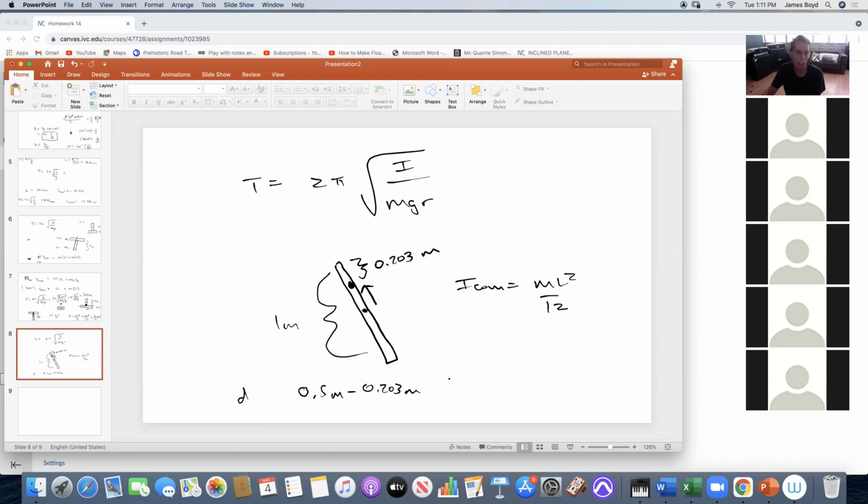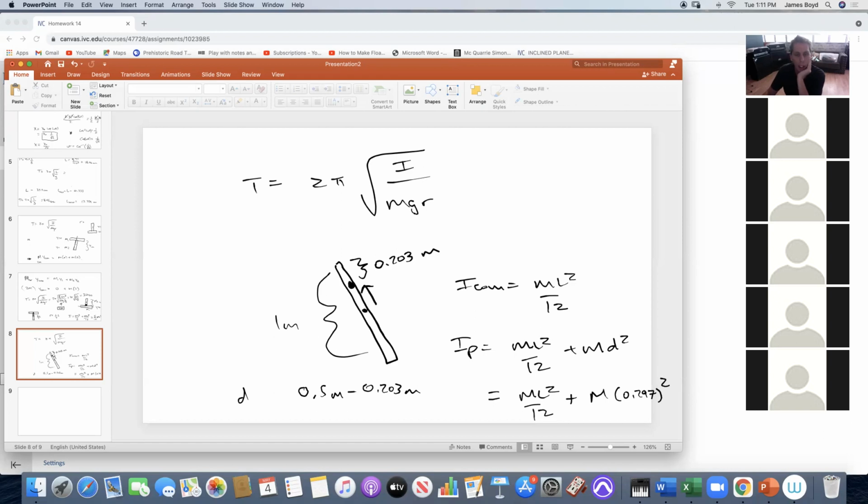That is obviously 0.297. So I parallel is ml squared over 12 plus md squared, which is ml squared over 12 plus m times 0.297 squared.